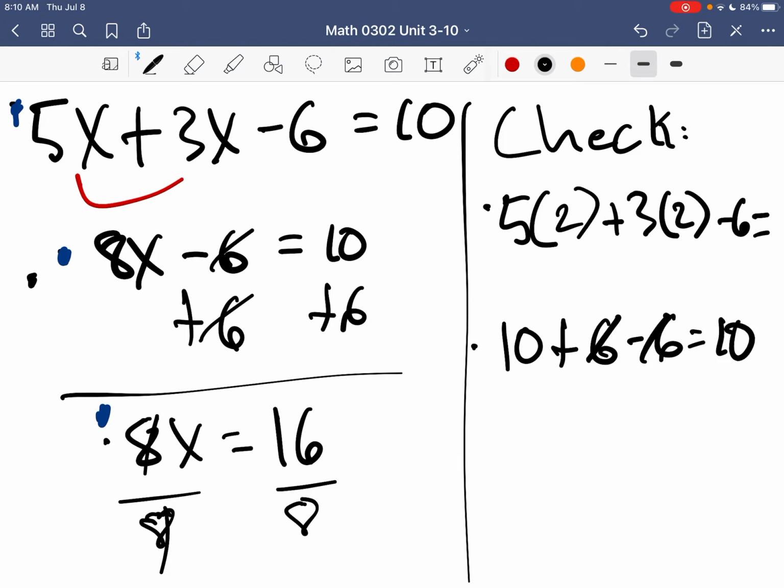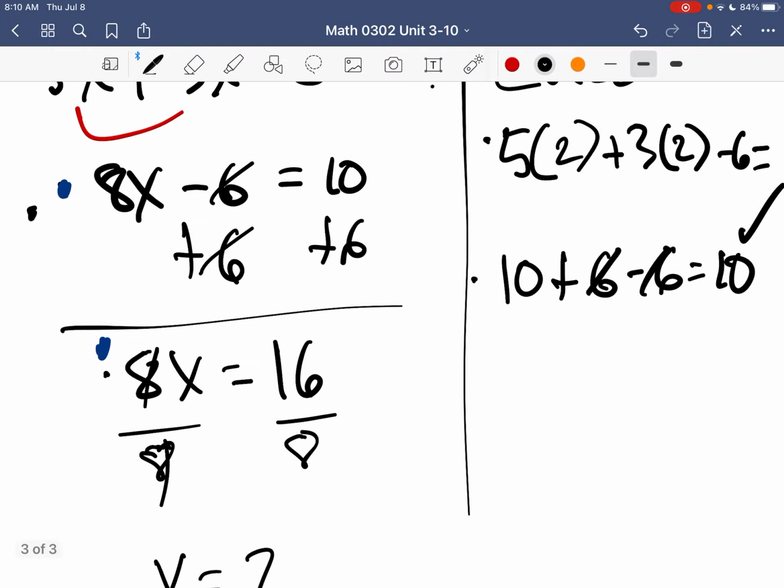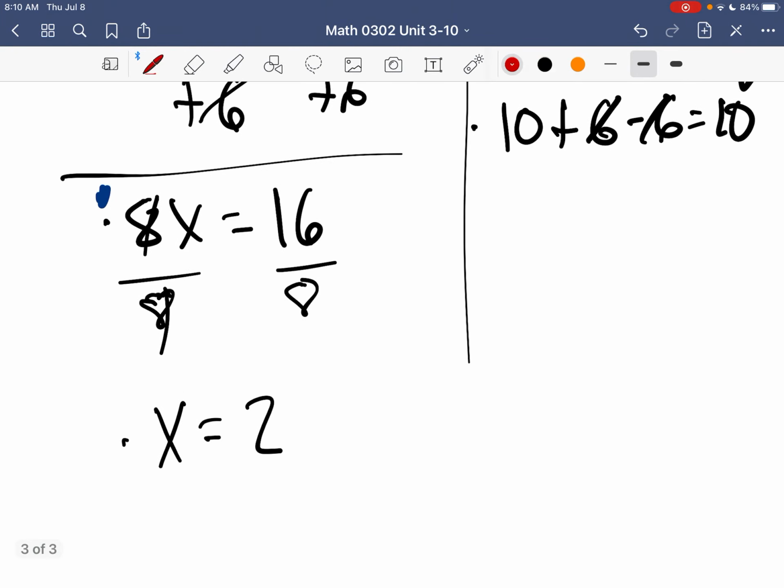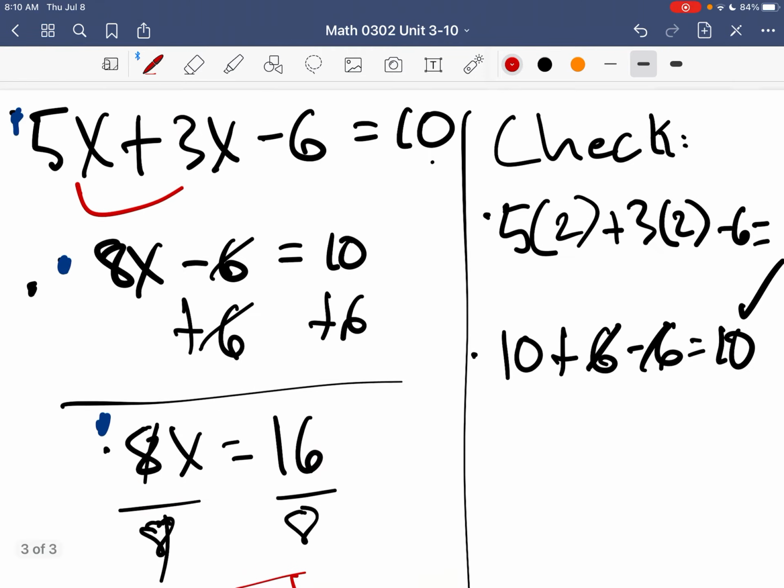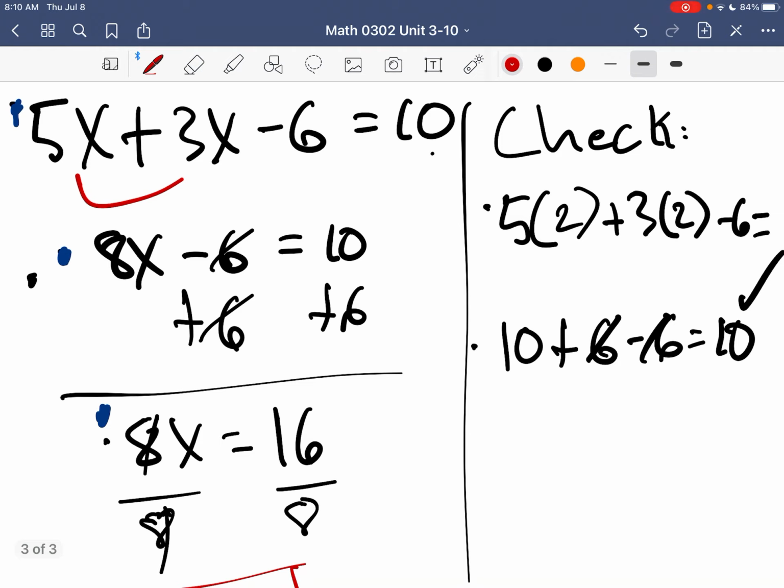So the 6's cancel. We get a 10. So this equation is solved when the variable x is equal to 2, or the same thing as saying that 2 is the solution to the original equation, okay?